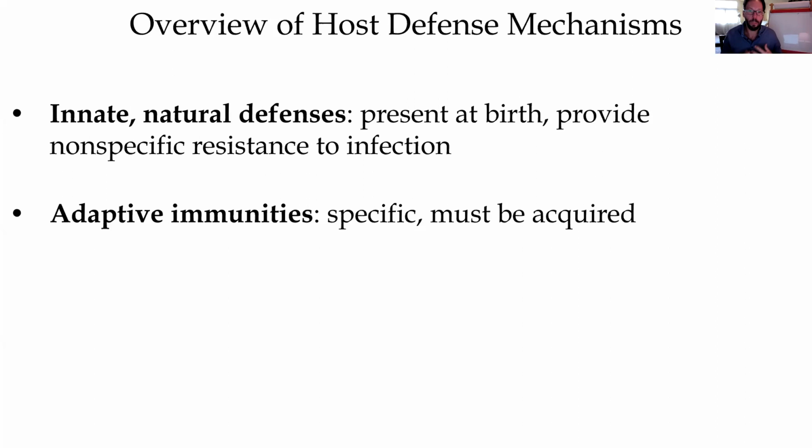You will get some maternal antibodies from the mother during development, and if the baby is breastfeeding, but those wear off after a short period of time, and then it's up to the baby to start acquiring an immune response to certain microbes. Okay, any questions before we dive in further?